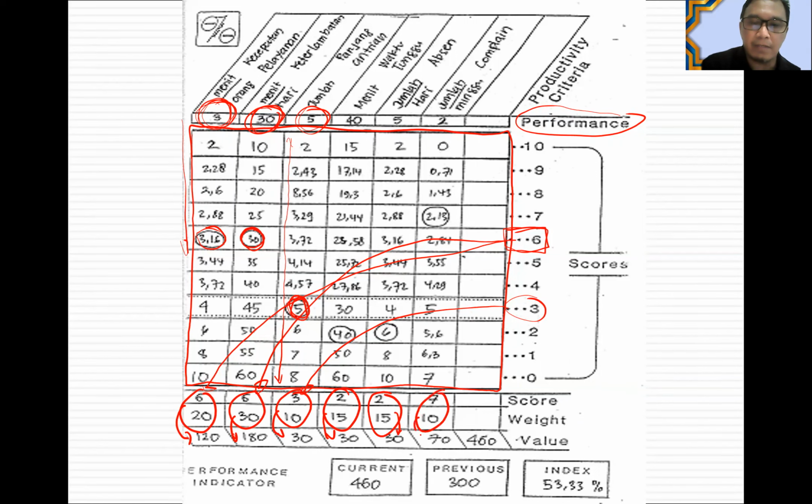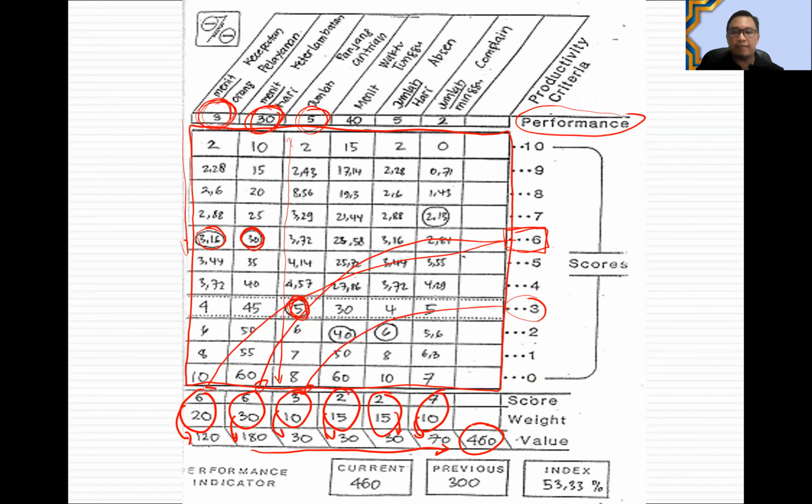And 7 times 10, 70. Then we add them up to 460. So 460 is the performance indicator for the current period, and the previous is 300, which we have calculated from the previous period.